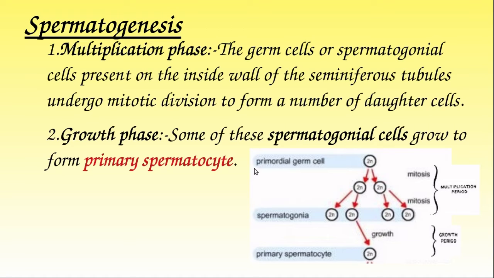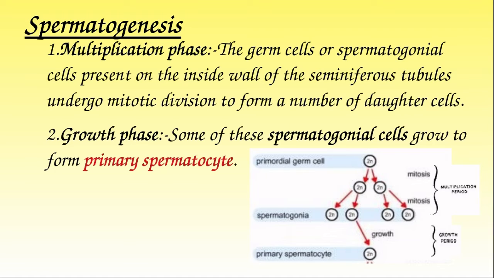You have already learned about the structure of testes, and you have seen that the structural and functional units of the testes which produce the sperms are the seminiferous tubules, and we have already seen the cross section of the seminiferous tubule, and you have seen there are germ cells and also Sertoli cells in the seminiferous tubule.